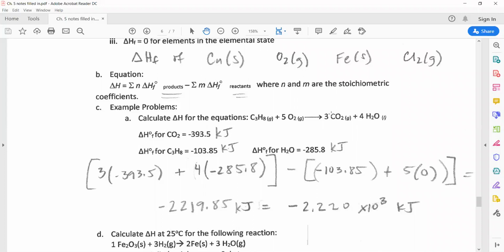So in this example problem, you have 3 CO2s. So you take 3 times CO2 heat of formation plus 4 of the liquid water heat of formation. Those are your products minus your reactants. You only have 1 C3H8 and you have 5 O2s. And O2 is in its elemental state, and so it has a value of 0 there. And then we do products minus reactants.